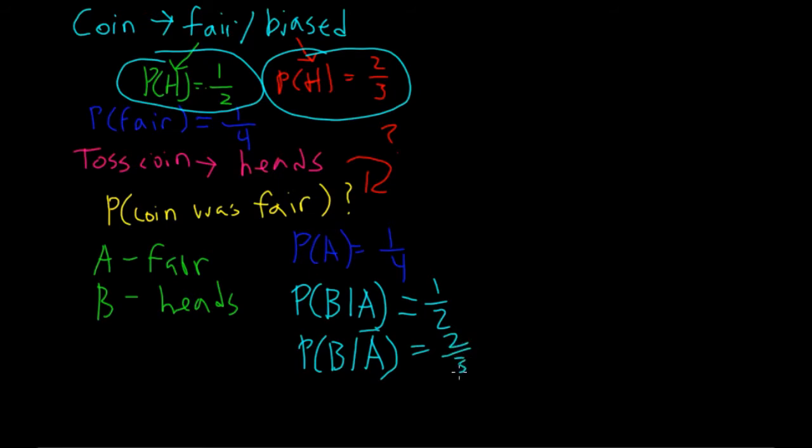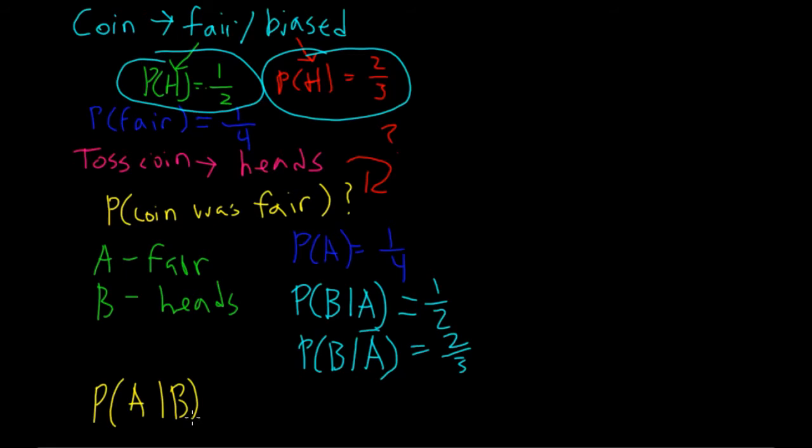Now, what's the question asking? The question is asking, what is the probability that the coin was fair if we got heads? Hey, that's another conditional probability. That's just the probability that the coin was fair given that we tossed the heads. So this is a big question. So the first step is remember our conditional probability rules.